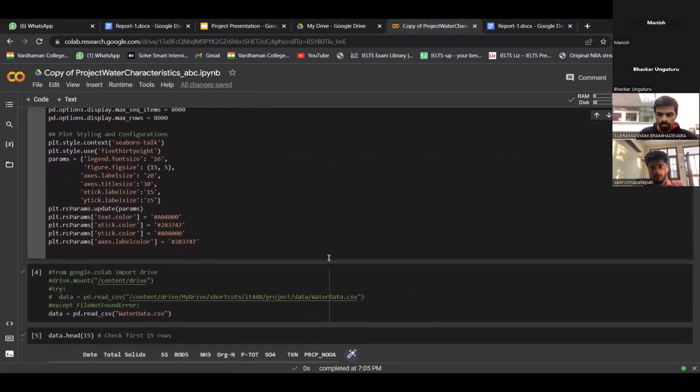Bhaskar, let me share my screen, please. For my laptop one, not my phone one. This laptop one, not the one without camera. No, it still doesn't allow.